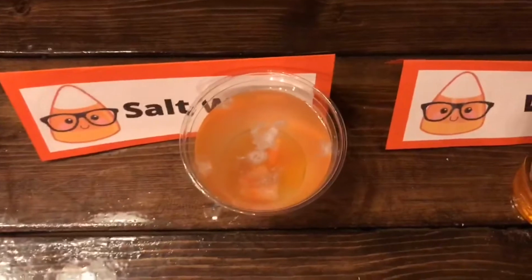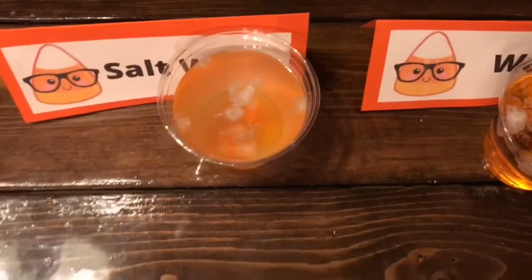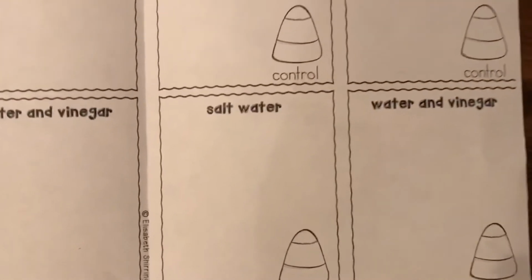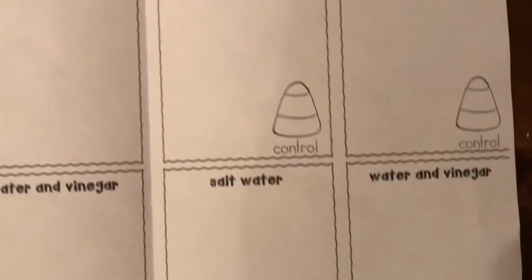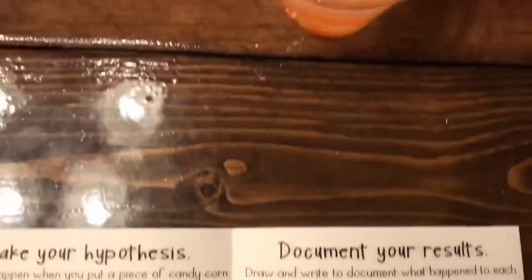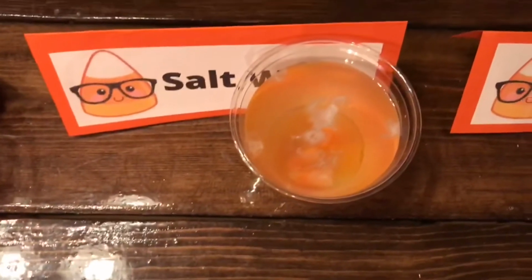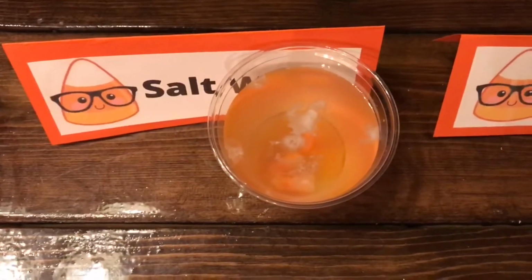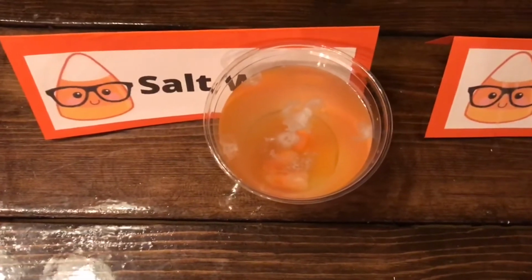All right. We are on to this one here. This is our salt water. So for our salt water, that one is right down here. So I want you to look at that cup, pause the video, and draw that in that square. The next one is our water.